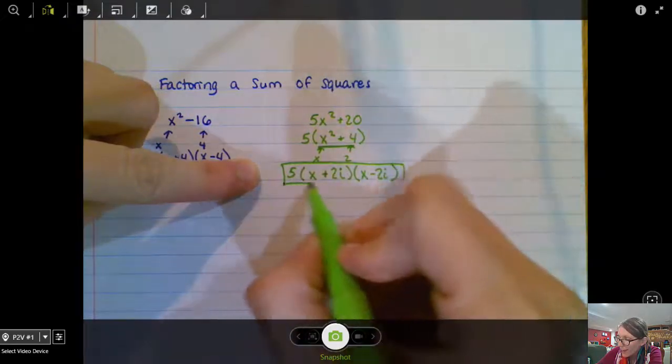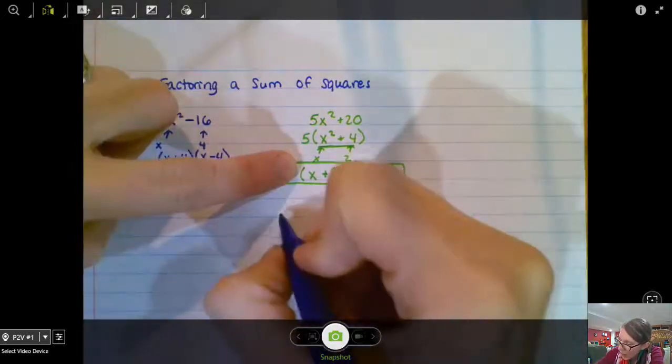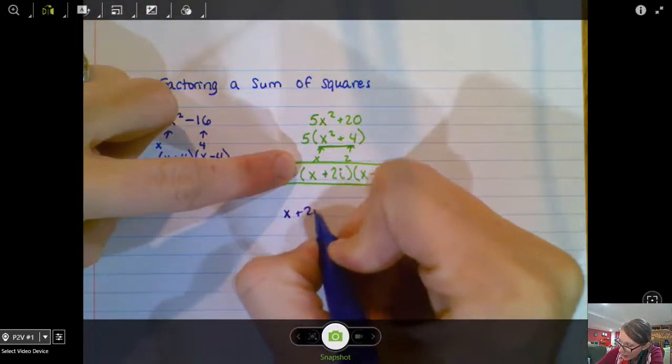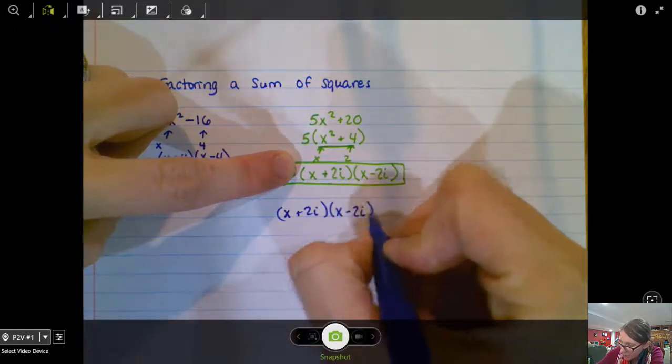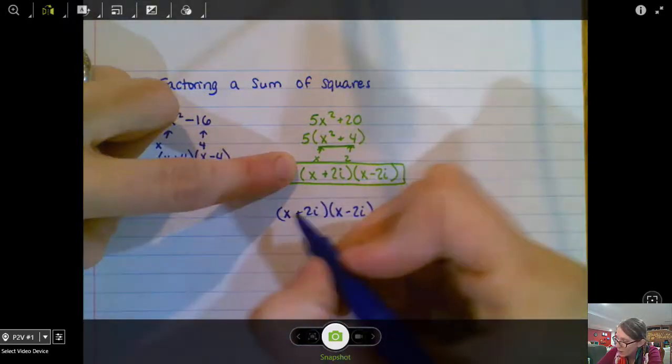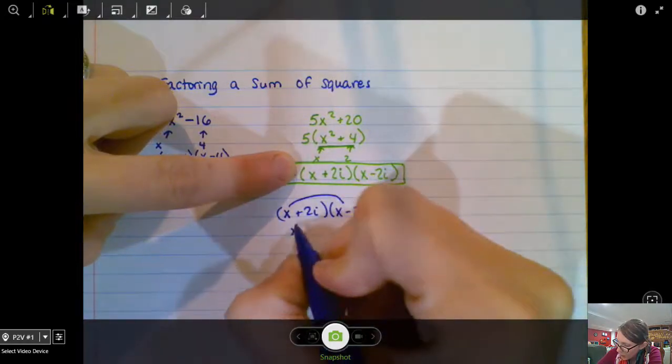Let's see, why on earth does this work? I'm going to take this x plus 2i, x minus 2i, and multiply this back out. My first terms, x times x is x squared.